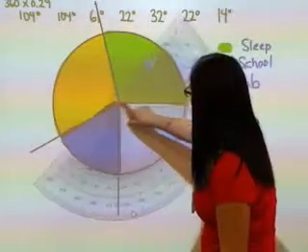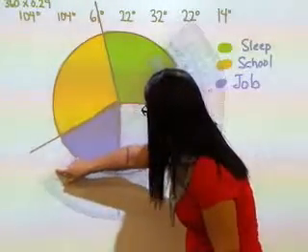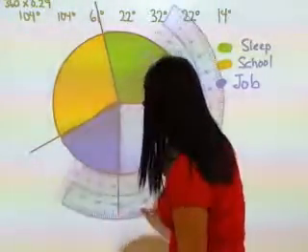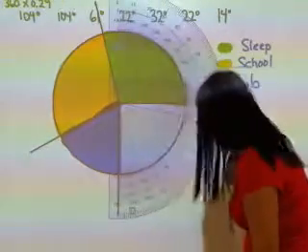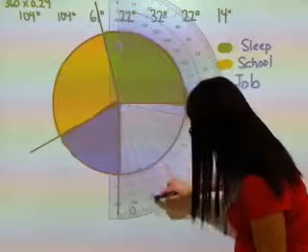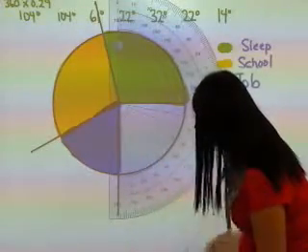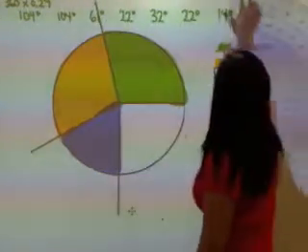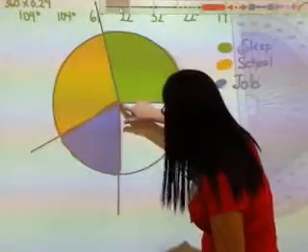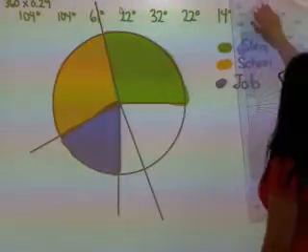So again, 22 degrees puts me right 10, 20, there's 22. So my line again. And then I'm going to color it in.